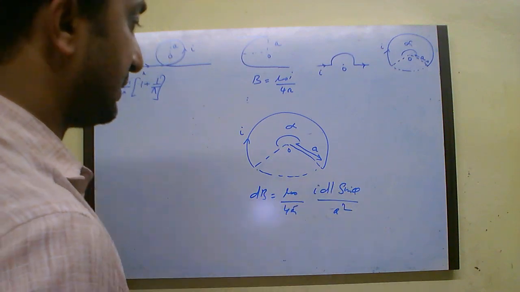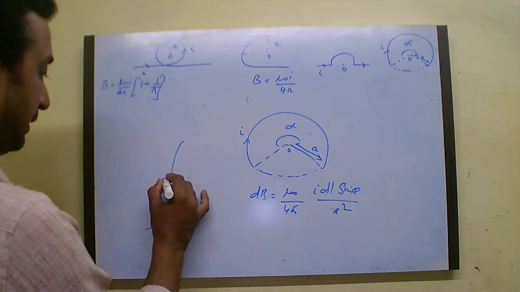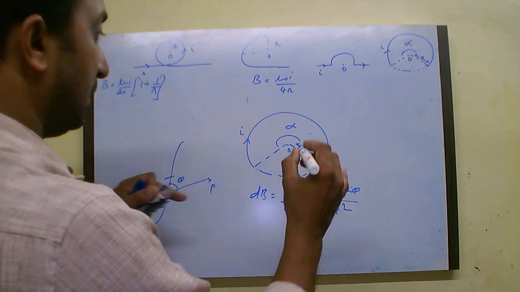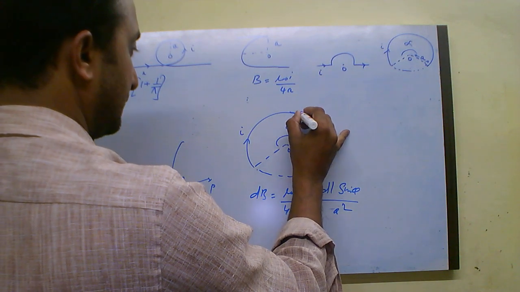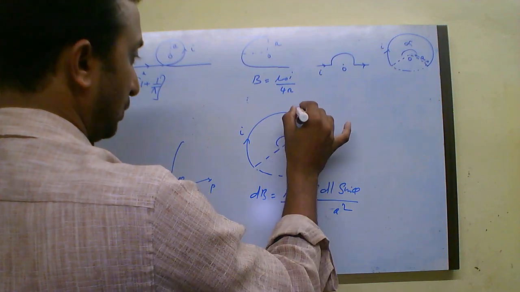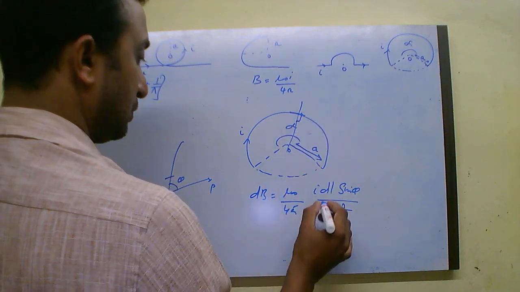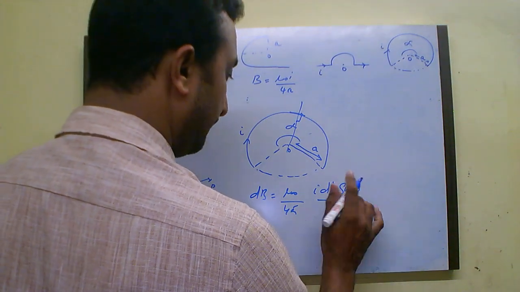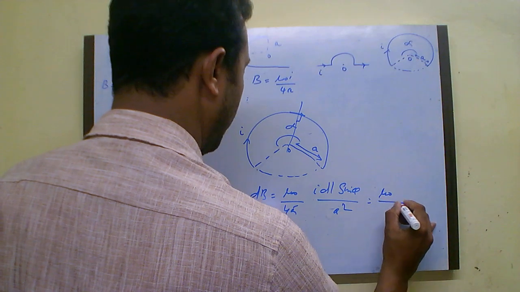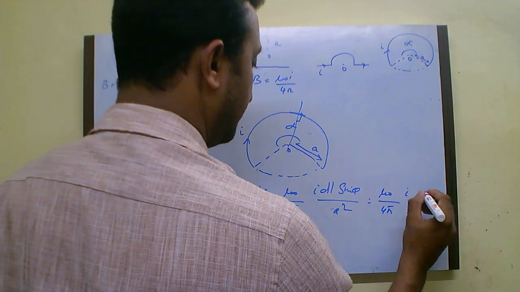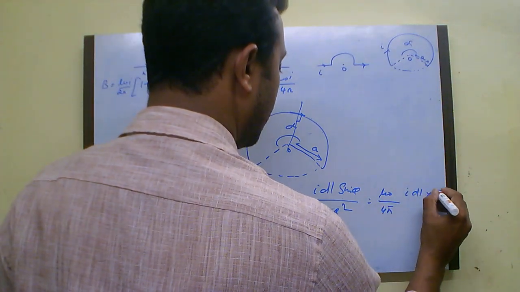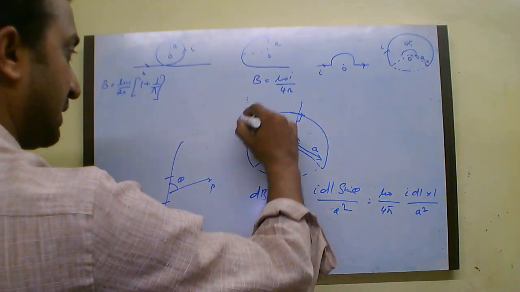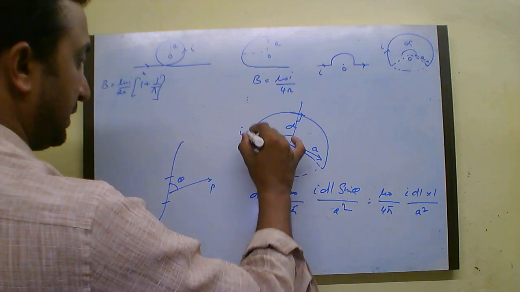Sine theta is the angle between the current element and the point. Here the current element is along the arc and the point is the center, so it is always perpendicular. So sine 90 becomes 1. So you have mu 0 by 4 pi I times dl times 1 by A square. Now how much is dl? It is the total length from this end to this end.